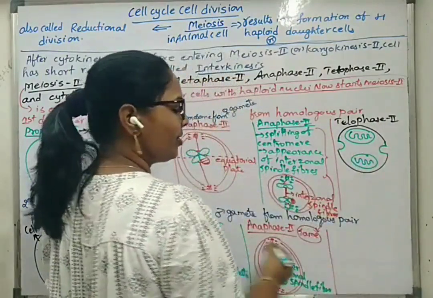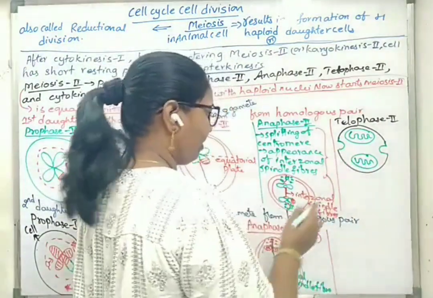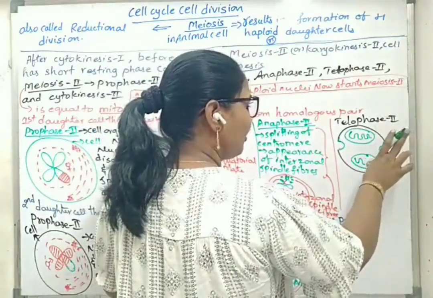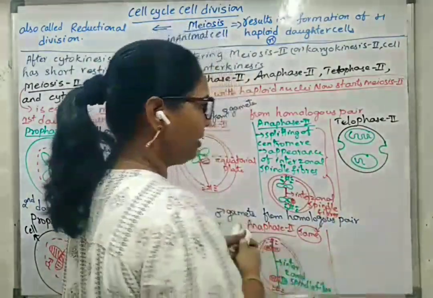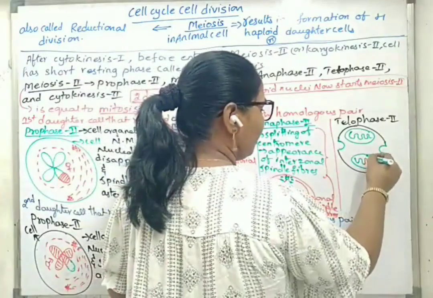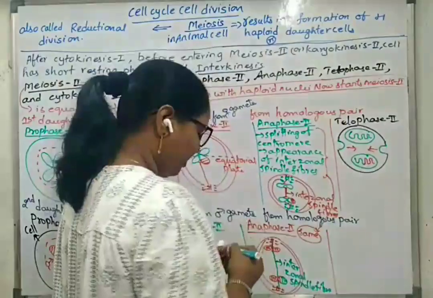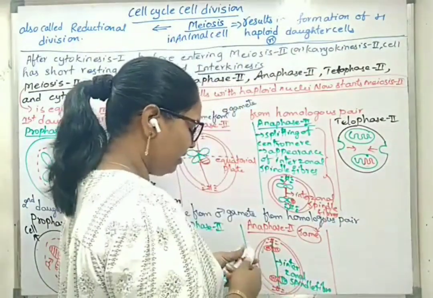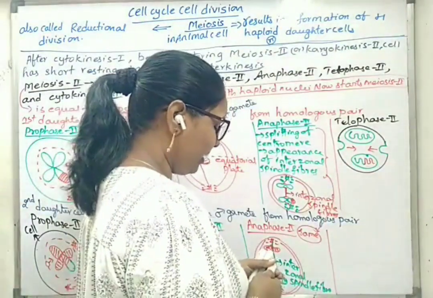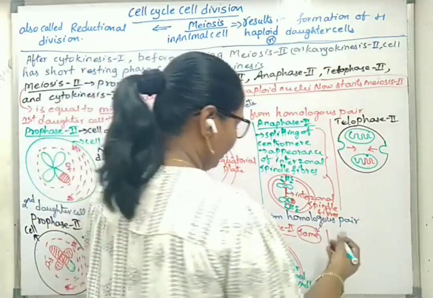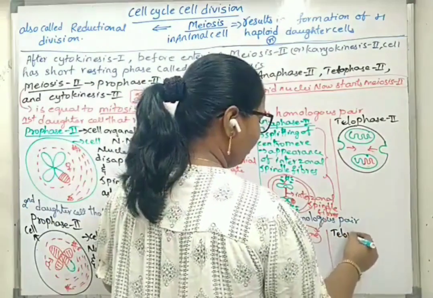Now the cell organelles also start forming. Here we should mention some of the exchanged genetic material part, like this. So the invagination will be moving in. Centripetal type of cytokinesis will happen here later. So in this also, telophase 2.